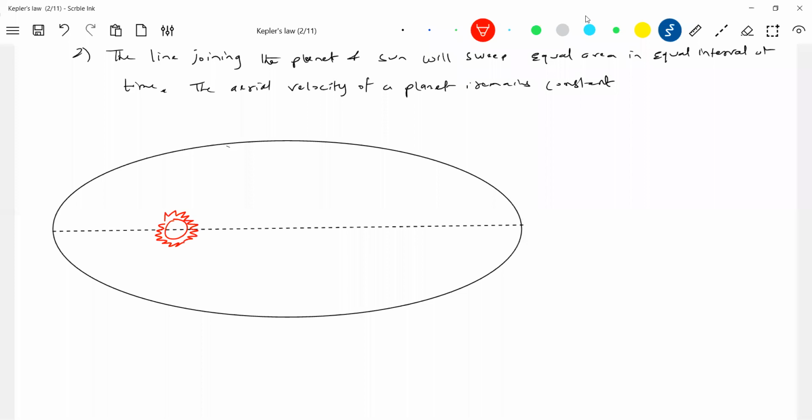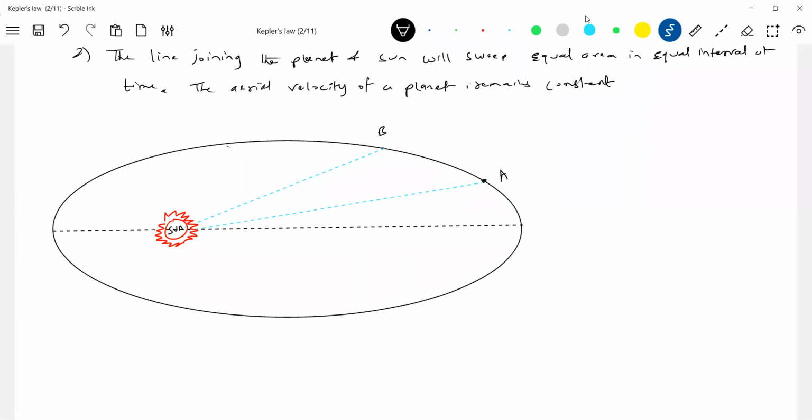Now the planet is initially at a distance, and after some time, at t equals 0 the planet is at A and let it be at B. This is one of the foci, this is the sun, and the planet is here. In a small interval of time, it will move from A to B.